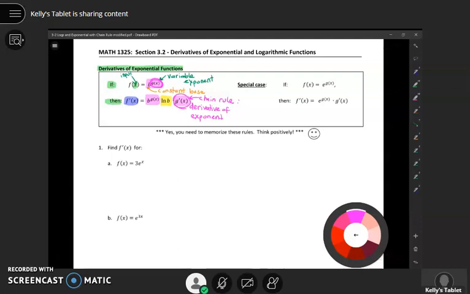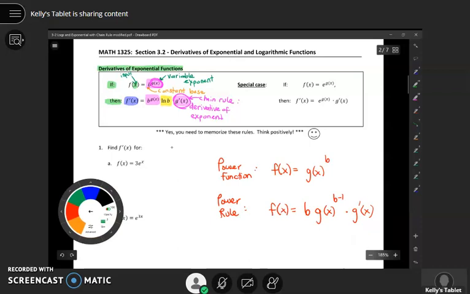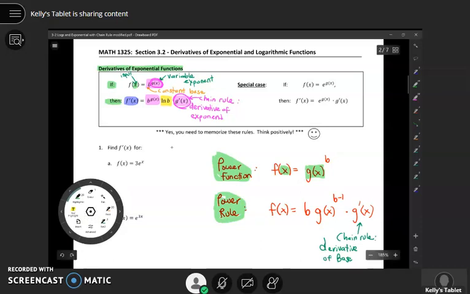So to compare, let's take a look back at our power function and that power rule, because we're more comfortable with that so far, right? So our power function sent my input to a variable base. So when I did my power rule, the chain rule part tacked on the derivative of the base.